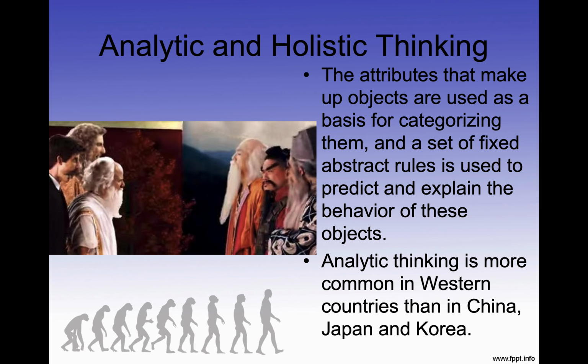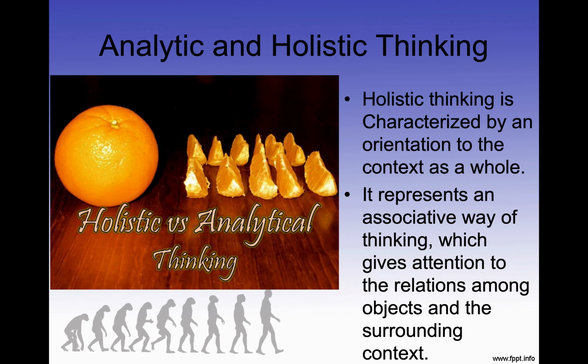Charlie Chan was real popular before World War II, as was the many faces of Fu Manchu. Fu Manchu was a criminal, and Charlie Chan was a detective from Hawaii. I guess he eventually ended up in California for some reason. Anyway, it was his different way of looking at things, and that has to do with Eastern philosophy as compared to Western philosophy.